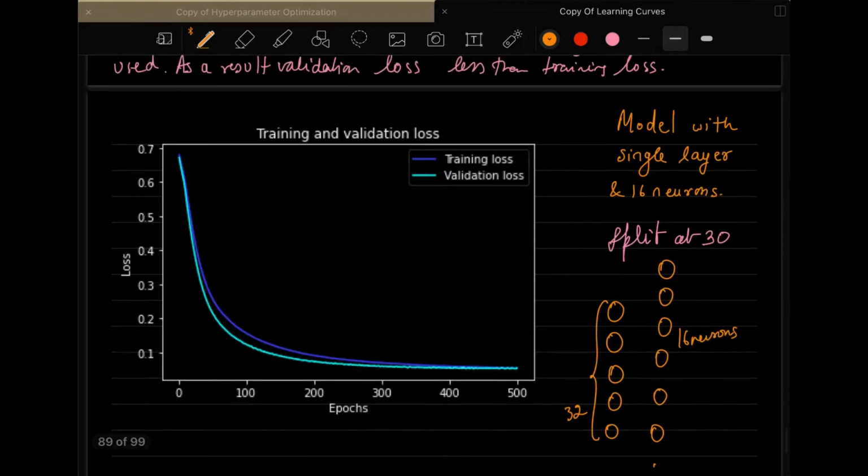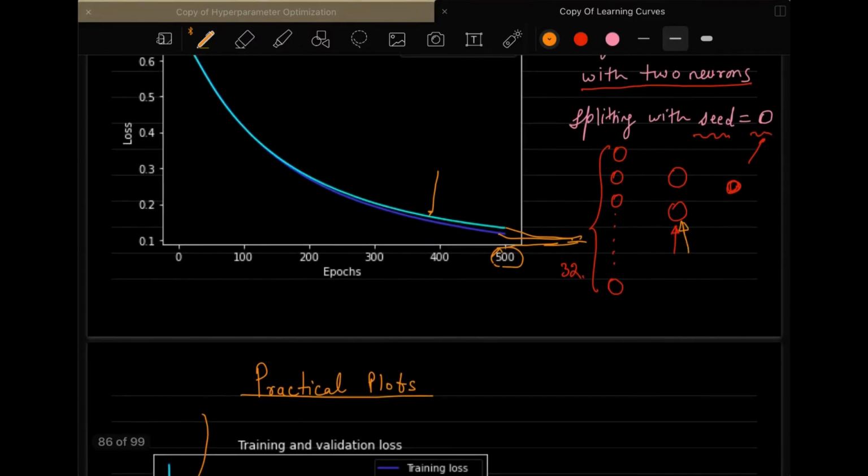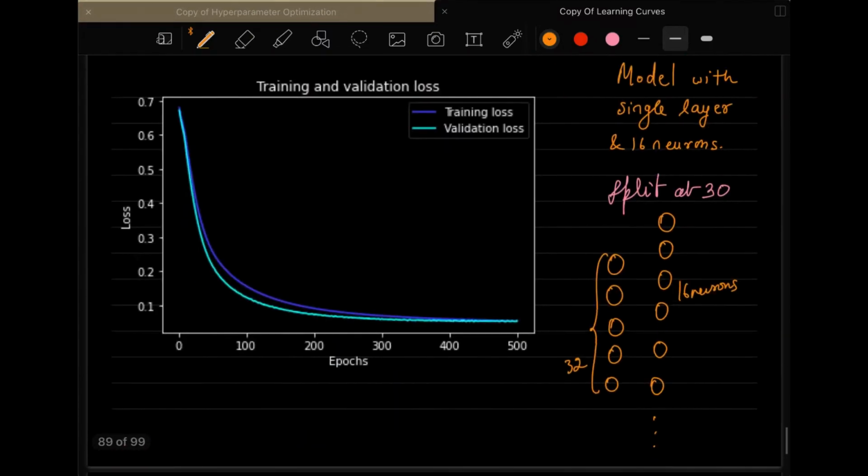Earlier there were only 2 neurons here. When I increased it to 16 neurons, you can see the curve is much better as compared to the earlier case. This is the curve for a 16 neuron classification, with a hidden layer of 16 neurons.